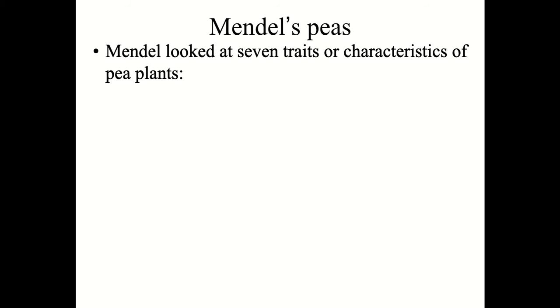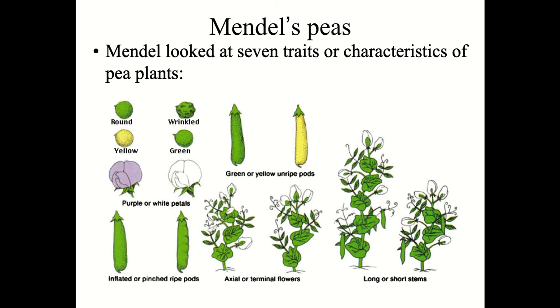So there's this guy, his name was Gregor Mendel. He was a monk from Austria, and he studied pea plants. He was a very boring guy, and he studied pea plants for years and years and realized that he found these traits. So he looked at 7 traits or characteristics of pea plants.